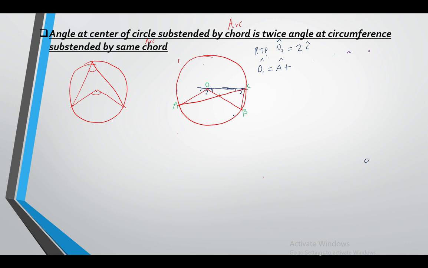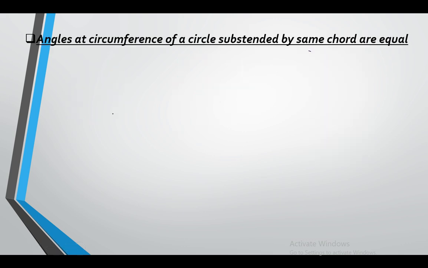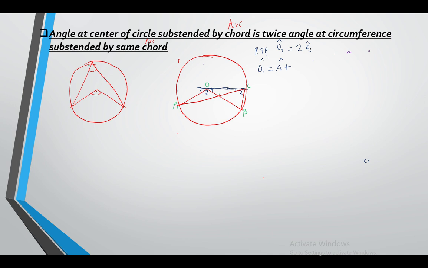So actually we are proving that O2 is twice C2. We are proving that the angle O2 is twice angle C2.